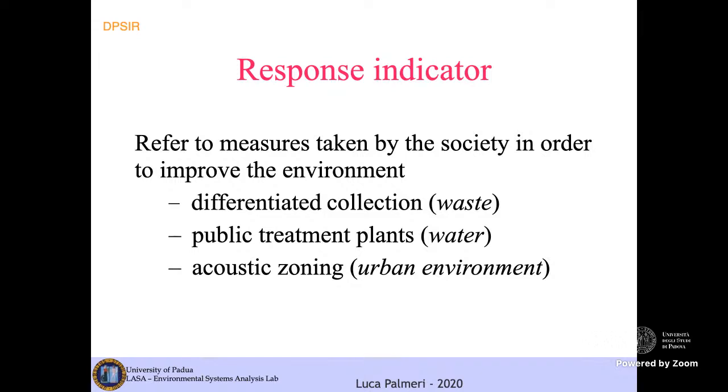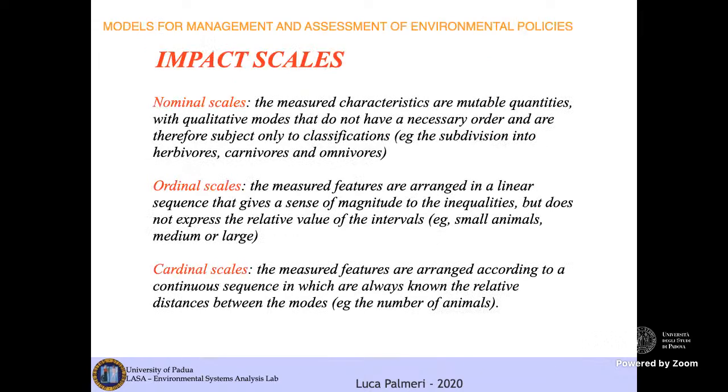So, responses provided by the policymaker may be differentiated: collection of waste may be a response, or public treatment plants of water may be another response, what may be called diffuse treatment of water, acoustic zoning, like in the urban environment, and so on.